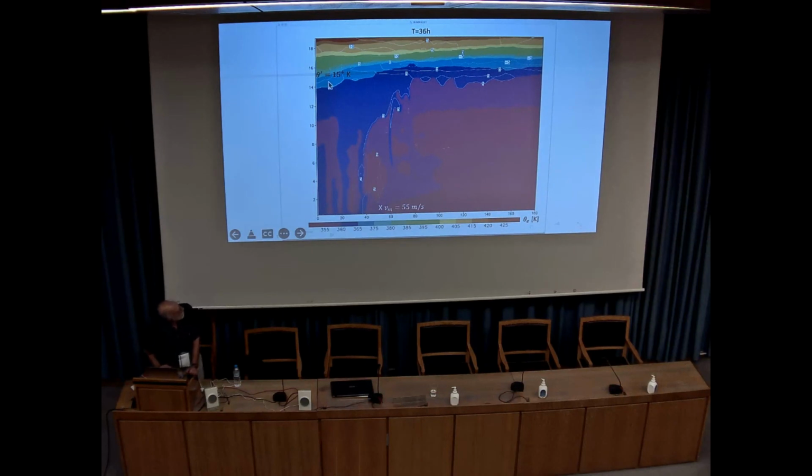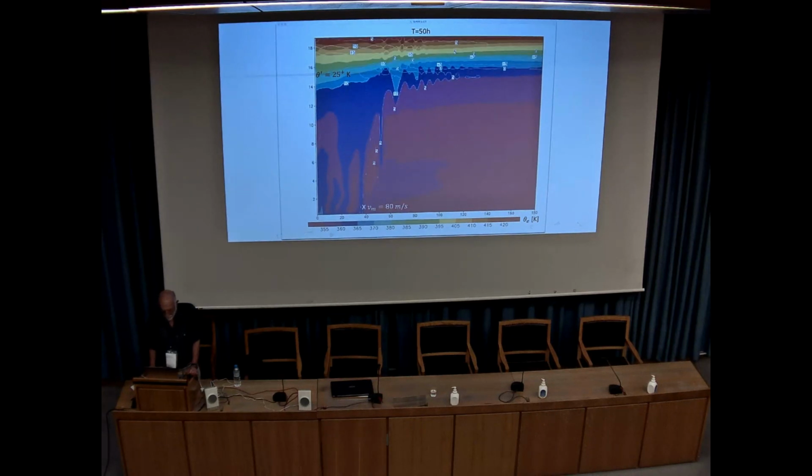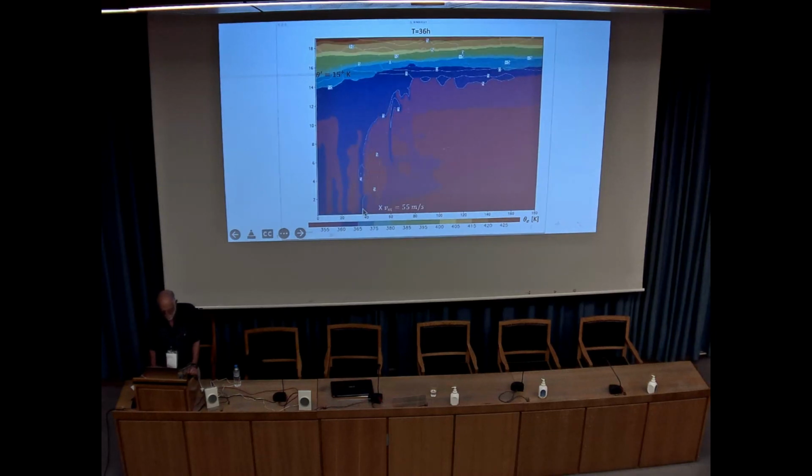This is just to illustrate some of the points here. Theta prime is given by the white contours, showing the evolution of theta prime as theta E is increasing. This is theta E, and B max is down below here. So I'll start again.